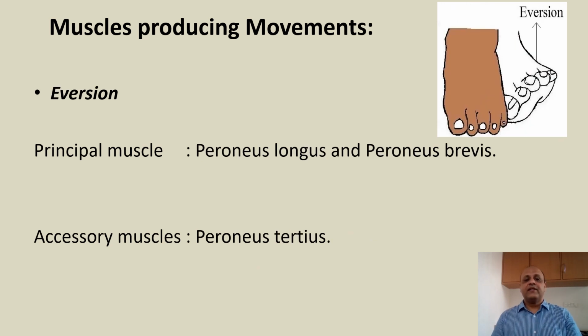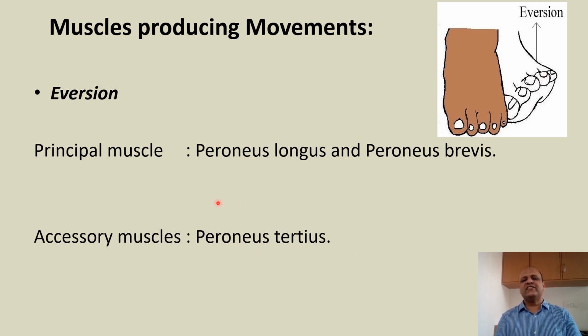Now, muscles producing eversion. Well, all the peroneal muscles, peroneus longus, peroneus brevis, peroneus tertius, they produce eversion. But peroneus longus and brevis are the principal muscles producing eversion, while peroneus tertius is the accessory muscle producing eversion, a movement in which the lateral border of the foot is elevated so that the sole faces laterally.